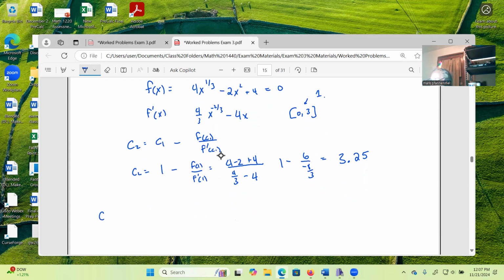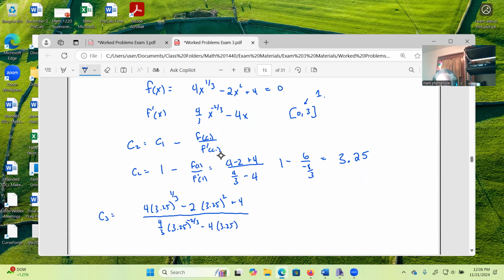So C3 is going to be 4 times 3.25 raised to the 1/3 power, minus 2 times 3.25 squared, plus 4, all divided by 4/3 times 3.25 to the negative 2/3 minus 4 times 3.25.